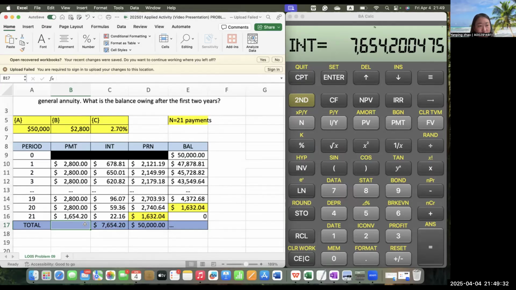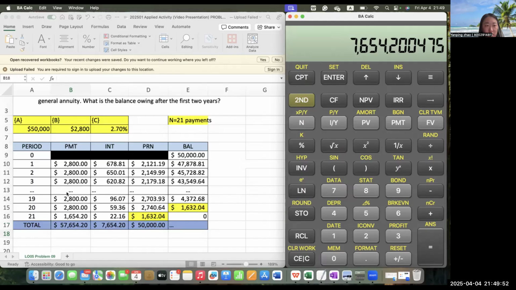We can add these two, or we can look at our payment PMT column. 2800 times 20 plus the 21st amount, equal. This equals this one.